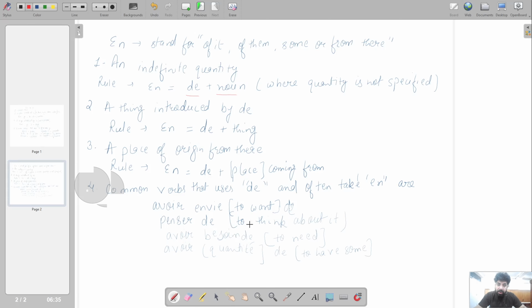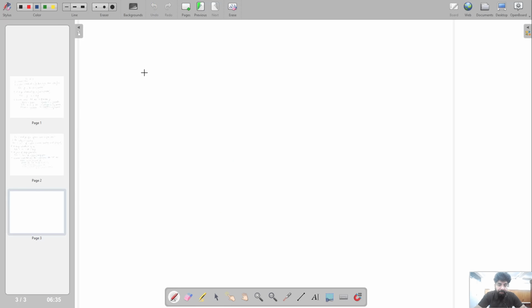So the thing is, this de is what actually helps us understand whether we have to use en or we have to use y. And there are some common expressions also which come with en and y. Before that, let me just summarize this for you before we move to other parts.